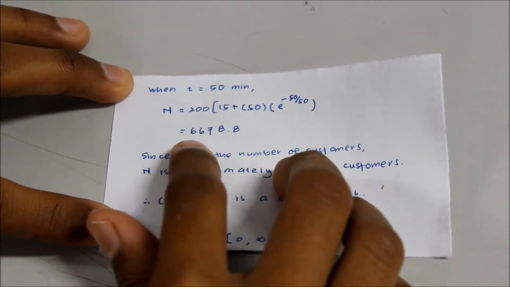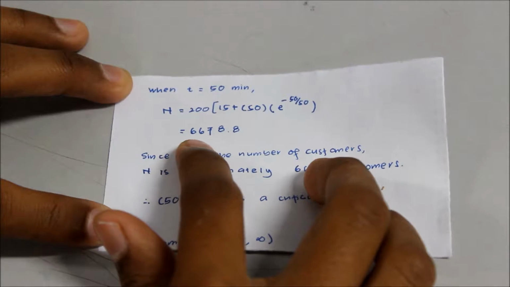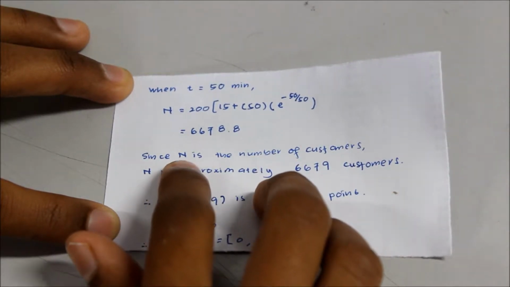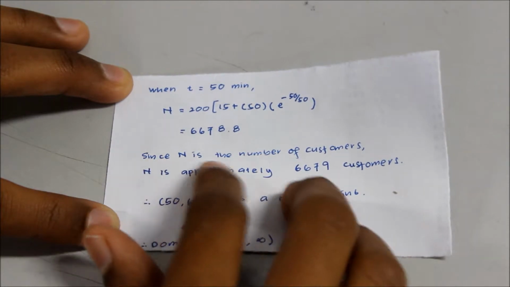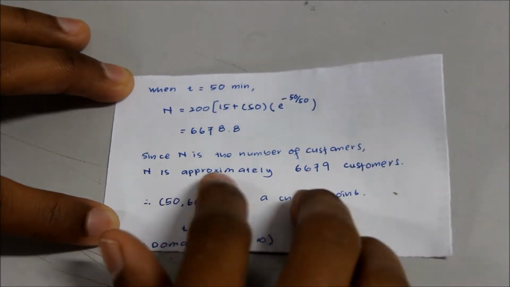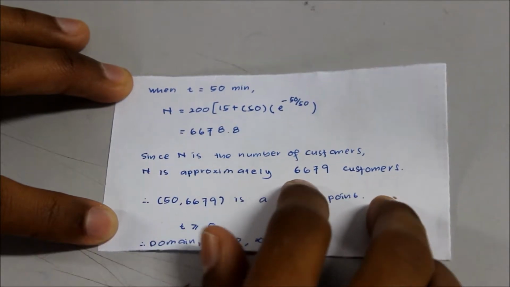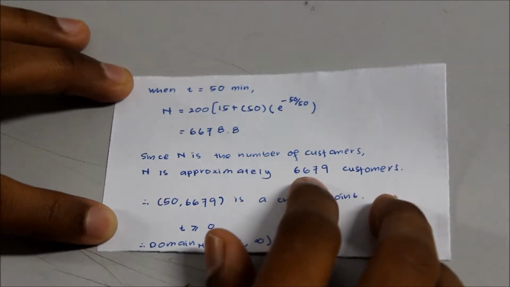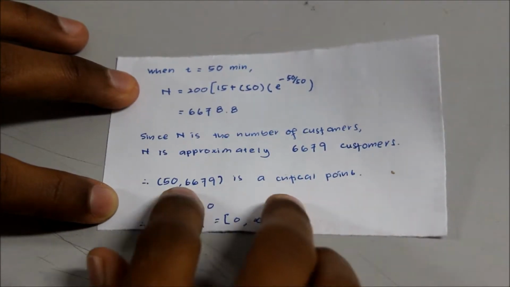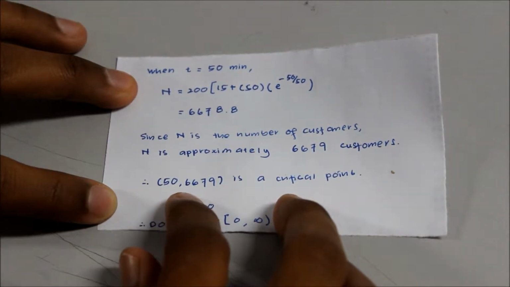So we get N equals 6678.8. Since N is the number of customers, N is approximately 6679 customers. So the critical point is (50, 6679).